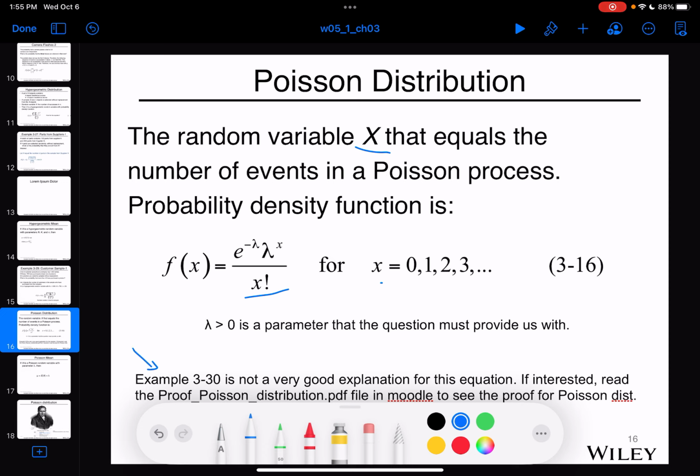So one of the examples in the book tries to prove this distribution, but it's not really a good example, right? I will post something on Moodle. But basically, the idea for a Poisson distribution is if we look at, for example, the number of radioactive particles that pass through a unit surface in, let's say, 1 second, right?